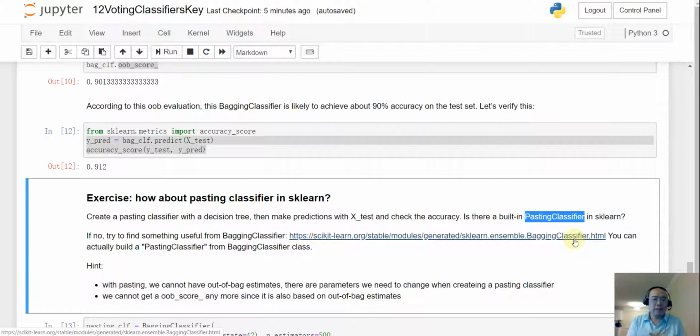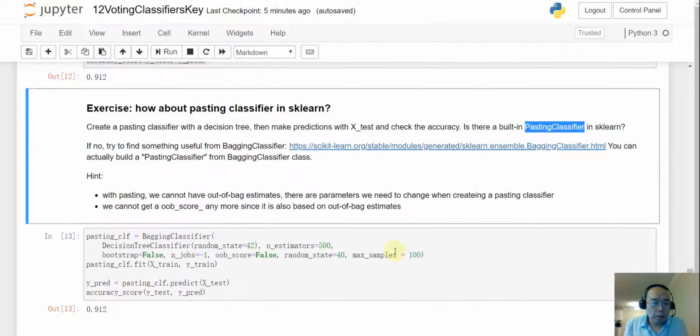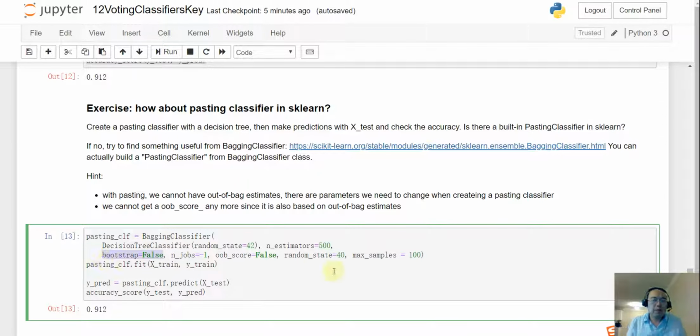The answer is, we can change the bagging classifier into a pasting classifier. Take a look at this documentation, and you will be able to find how to draw the samples with or without replacement. Here it is: bootstrap.